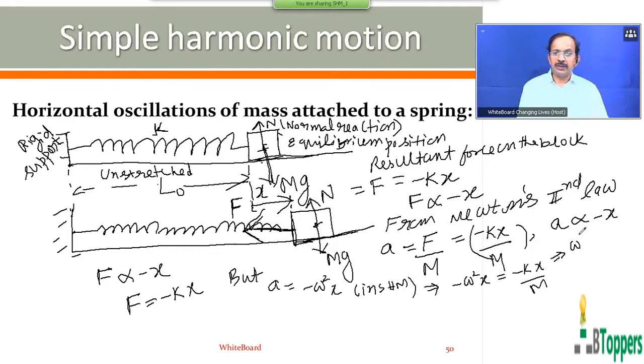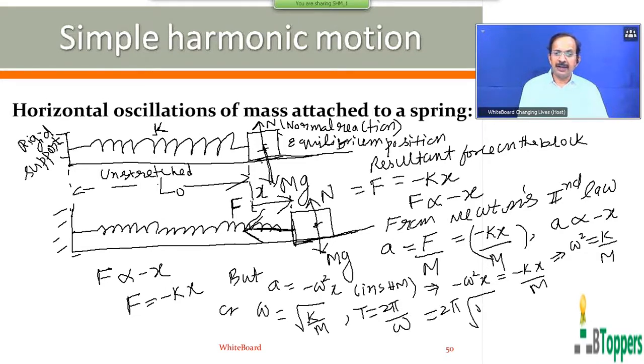So you get omega squared equal to k/m, or omega is equal to the square root of k/m. So the time period of simple harmonic oscillations is given by 2 pi/omega, or 2 pi into root of m/k. You can observe that the time period of simple harmonic motion does not depend on the value of acceleration due to gravity at the given place.